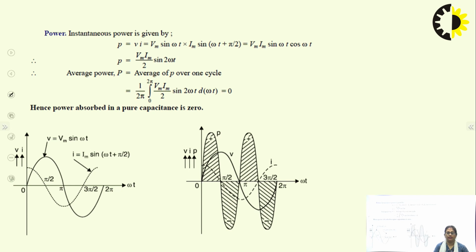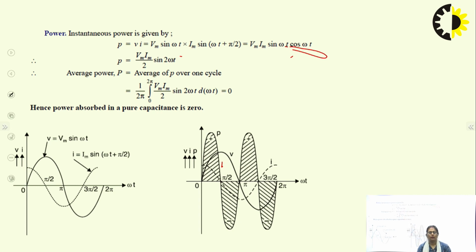Once again, instantaneous power, or for which I want to know the average power. It's more or less the same expression, instantaneous voltage and instantaneous current, Vm sin omega t, Im sin omega t plus pi by 2. Omega t plus pi by 2, I may substitute as cos omega t, right? So the power expression is Vm Im by 2 sin 2 omega t. This is instantaneous power.